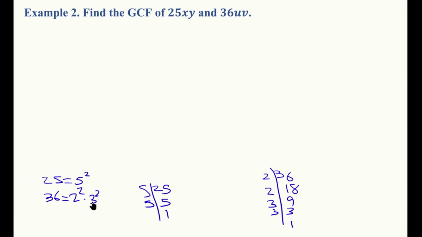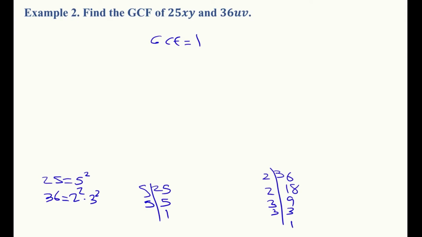Notice there's no common factor here, but always remember any two numbers have a common factor. In the worst case scenario, it's 1, right? So the GCF of the numbers is 1. Notice neither x is common to both terms, nor y, nor u, nor v. So the only common factor for these two expressions is 1. So we say the GCF is 1.